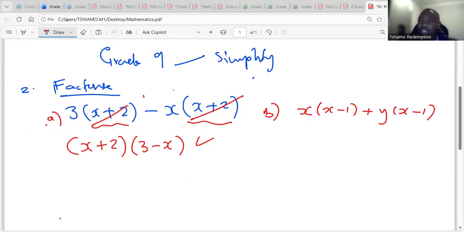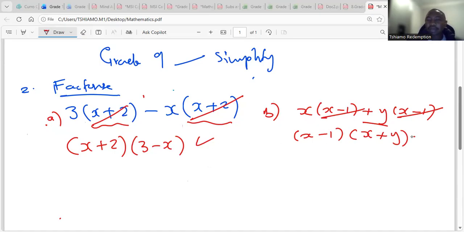Do you want to pause and try that question on your own? Yes. So they both have x minus 1. If I take out x minus 1 as a common bracket, what is left? Here, I'm left with x, and then on this side, I'm left with y. Then that becomes your factorized answer.